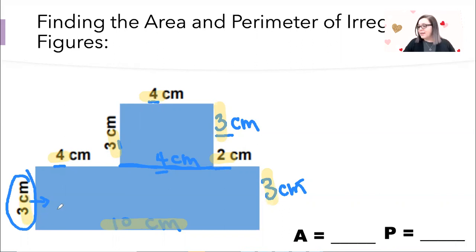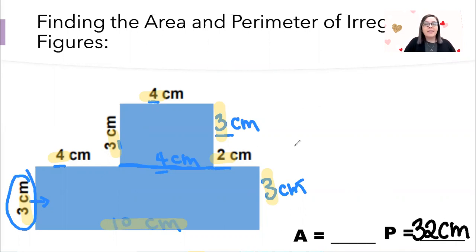What's 29 plus 3? Very good. It is 31. Therefore, I'm sorry, 32. So therefore, over here, I can write that the perimeter of this shape is 32 centimeters.